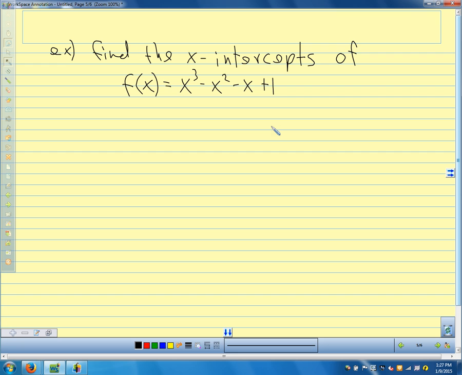It's asking us to find the x-intercepts. So we need to relate two of those things that we said are the same. How do we find the x-intercepts of a polynomial?